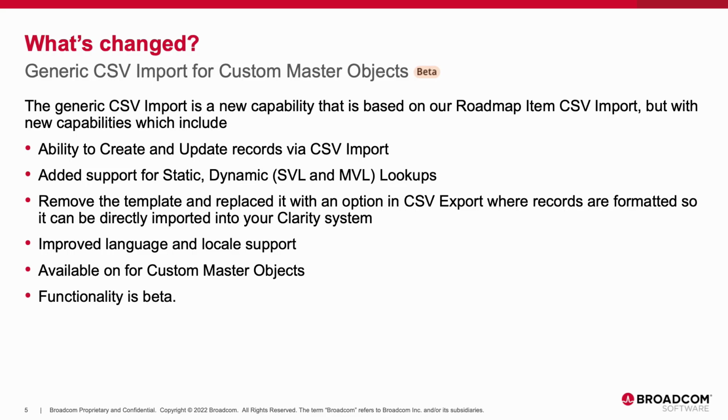We're not bringing the template capability, but we replaced it with an option in CSV export where it exports the records in a format you can import directly into Clarity, and we'll cover more of that shortly. We also improved some of the language and locale support that was lacking in the CSV export, and improved it in the CSV import as well. This is only available for custom master objects, and the functionality is beta. We felt there's still more to do, but there's a lot there that I think customers will appreciate and like to utilize.